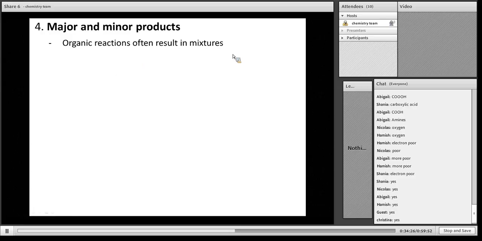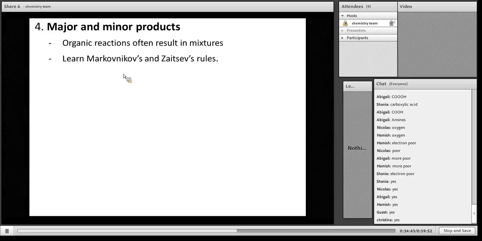Okay, so the two rules you have to learn to try and see what's the most likely result are Markovnikov and Zaitsev's rules. Now, both were Russian chemists, and because the Russian alphabet is different to the English alphabet, the spelling differs.